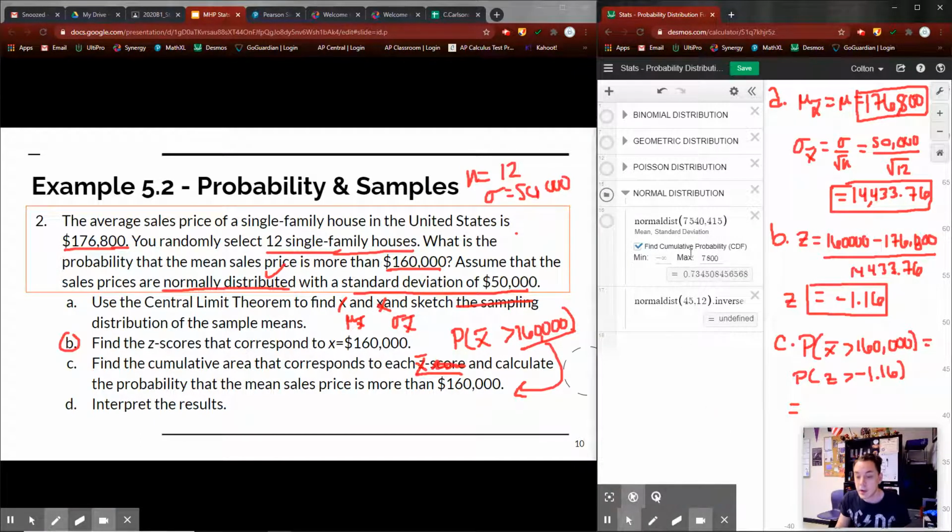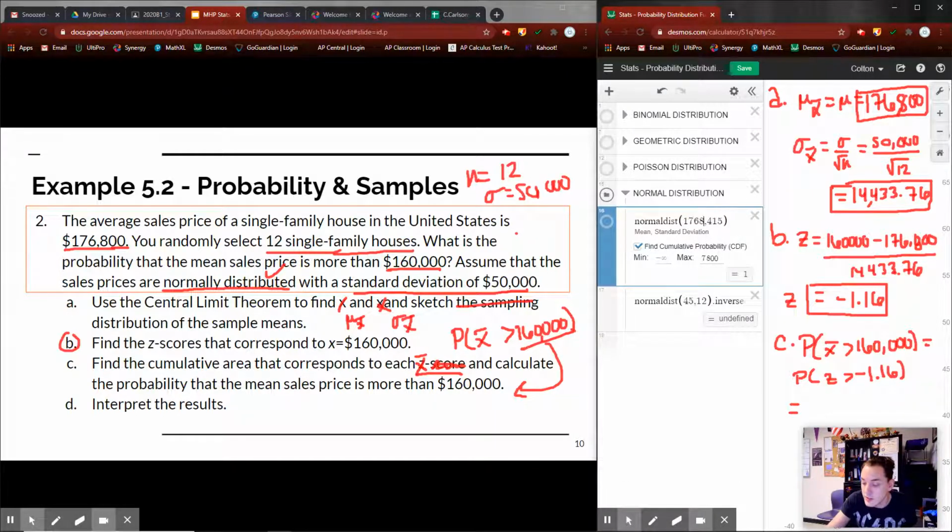So now let's start plugging this stuff in. What's my population mean? 176,800. And then my standard deviation, 14,433.76. And then I want greater than 160,000. I'm not using my z-score, since it's not standardized. I can only use my z-score if it's 0 and 1.